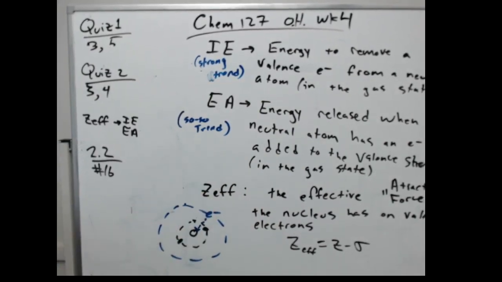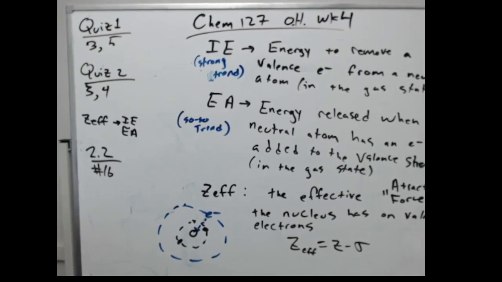That's an important distinction, because the noble gases don't have any electron affinity because they don't have any space in their shells. The halogens, fluorine, chlorine, bromine, iodine, have high electron affinity because they've got high effective nuclear charge and space in their shell. Oxygen, sulfur, selenium, same situation. They tend to attract 2 electrons because they have pretty high effective nuclear charge and 2 spaces in their shell.